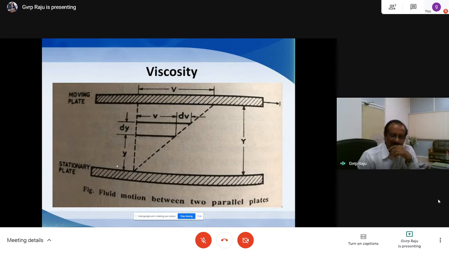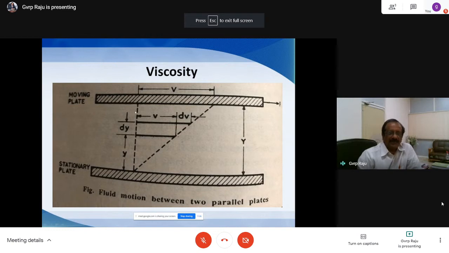In other words, the fluid close to the plate and the stationary plate have no relative motion. So the velocity of the plate is zero, velocity of fluid is zero here. As there is no relative motion between the fluid on the plate and the stationary solid plate, it is the no slip condition. We have discussed that in the earlier discussion.